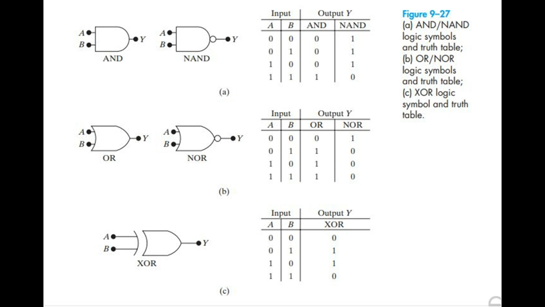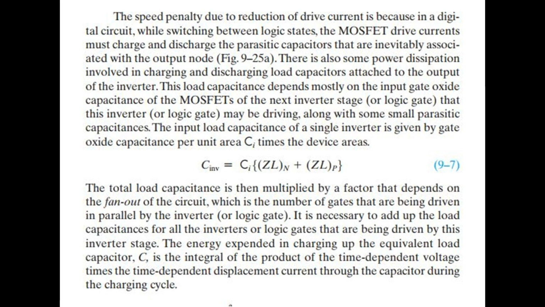There is also some power dissipation involved in charging and discharging load capacitors attached to the output of the inverter. This load capacitance depends mostly on the input gate oxide capacitance of the MOSFETs of the next inverter stage, or logic gate, that this inverter, or logic gate, may be driving, along with some small parasitic capacitances.